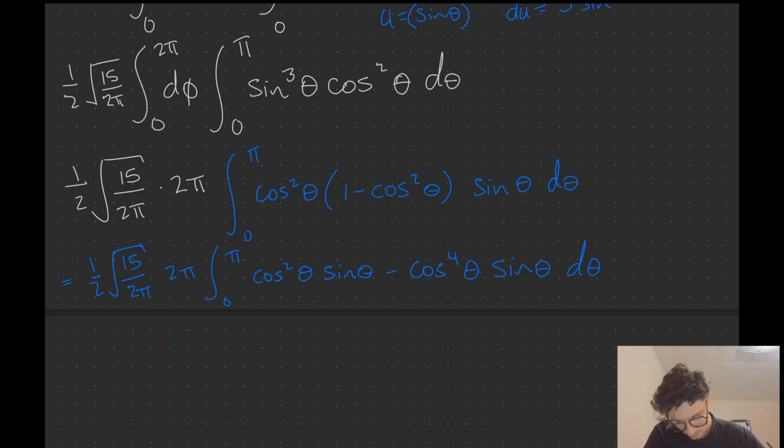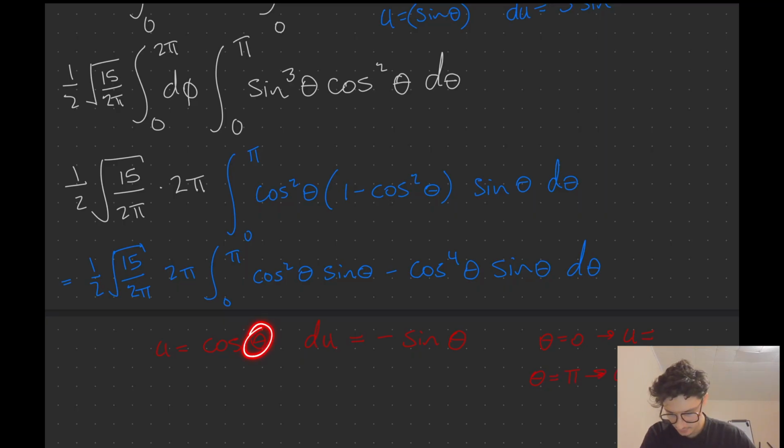Here we do a u sub. U is equal to cosine theta. Du is equal to minus sine theta. Or hold up. We change the bounds. Theta equals 0 goes to u equals something, and theta equals pi goes to u equals something.